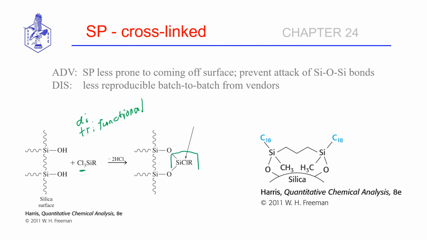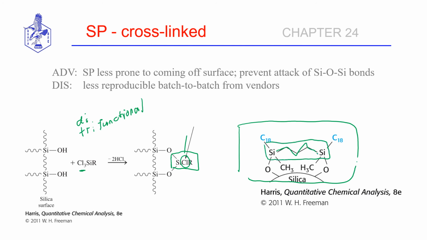Okay, and then this group still has a functional site that can react and bond to the side. This results in a silica surface in which we have this cross-linking between our points of attachment of the stationary phase material to our surface.